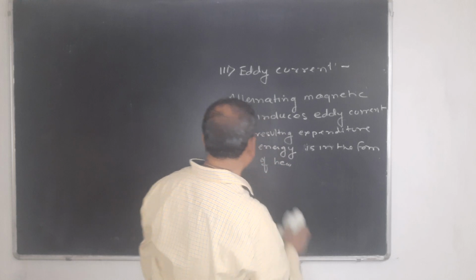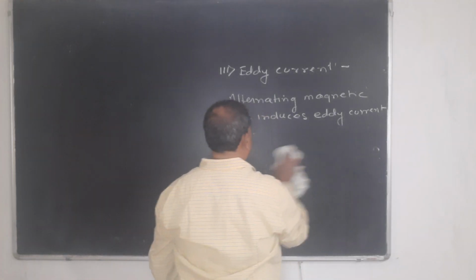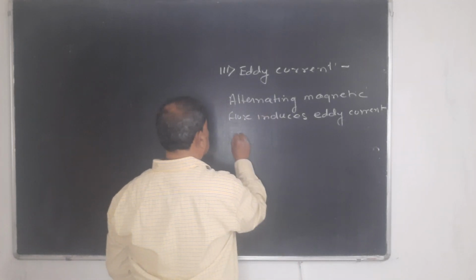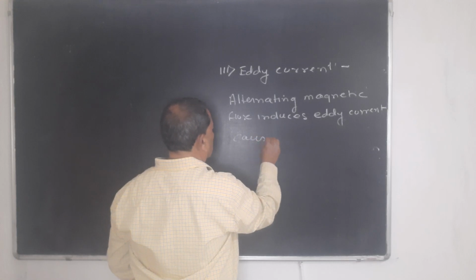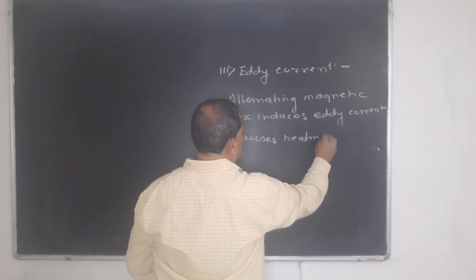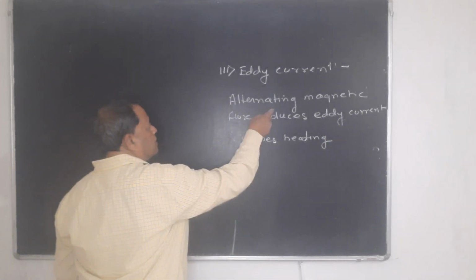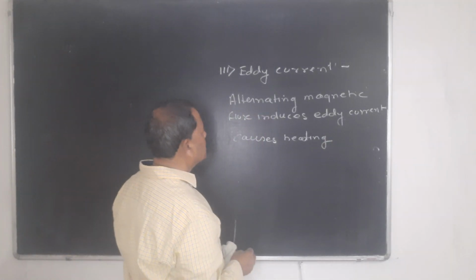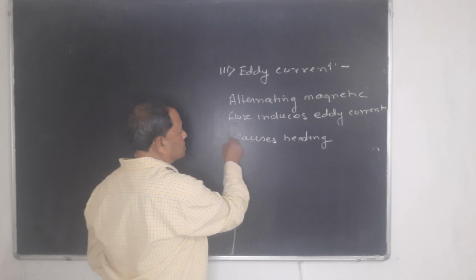Or simply we can write, eddy current causes heating: alternating magnetic flux induces eddy current, and this causes heating.